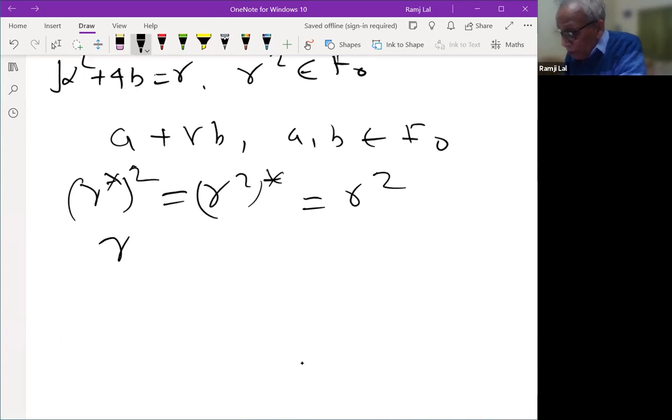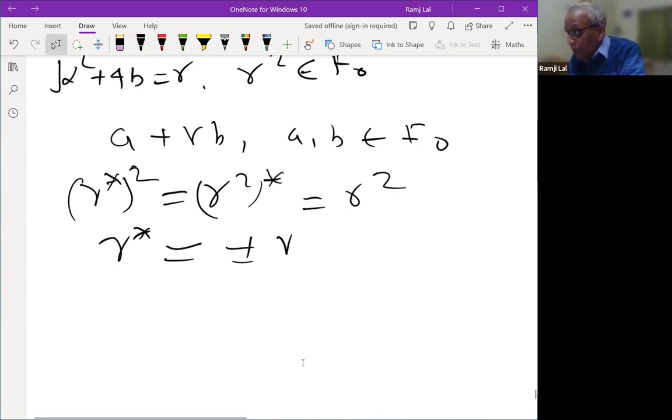So gamma star is plus minus gamma. I have assumed the field to be of characteristic different from 2, just as i square is 1 minus 1. And gamma star cannot be gamma because we have already assumed star to be a non-trivial one.